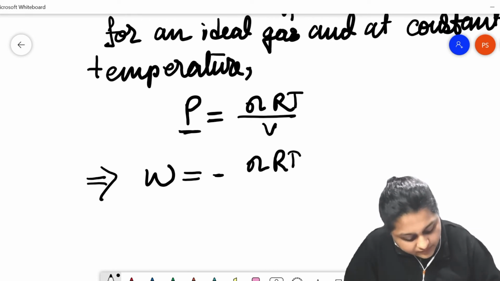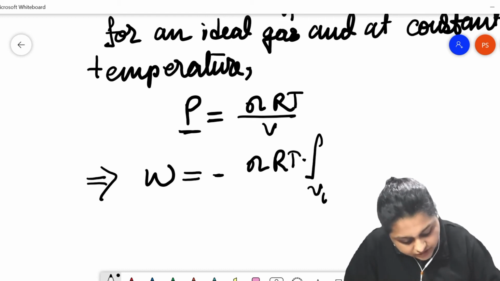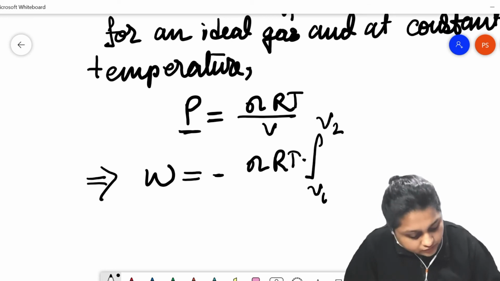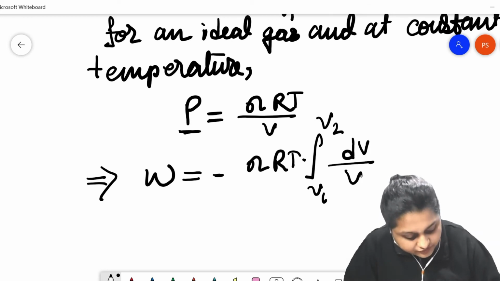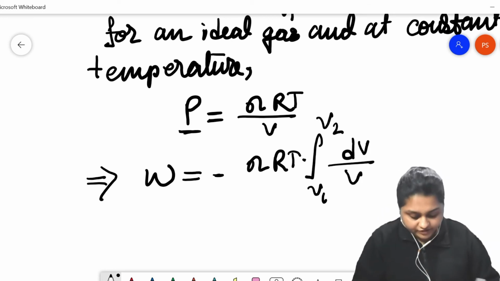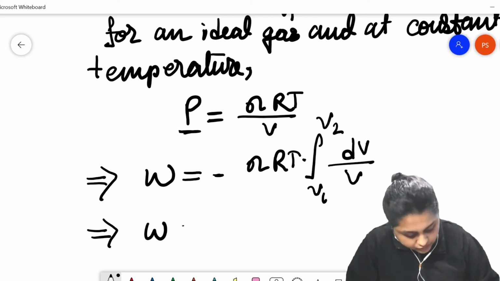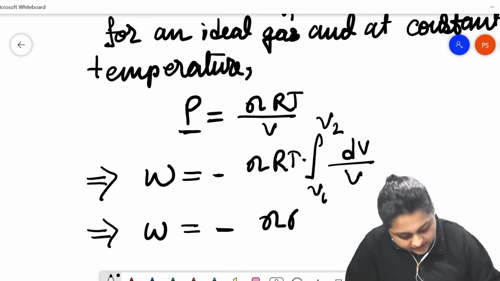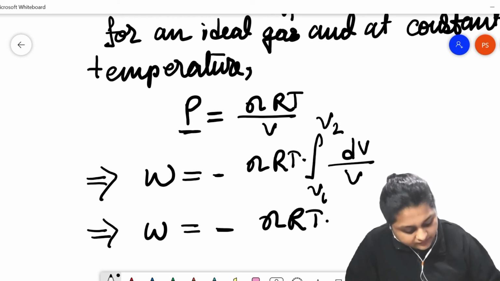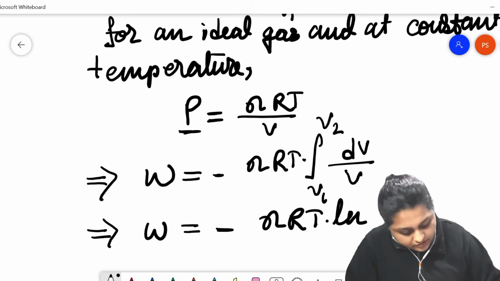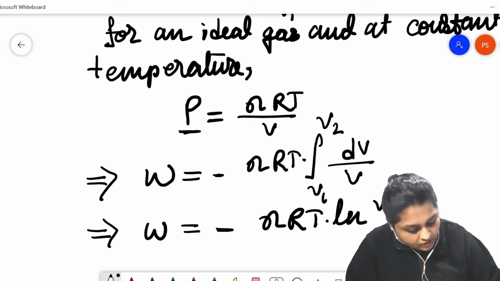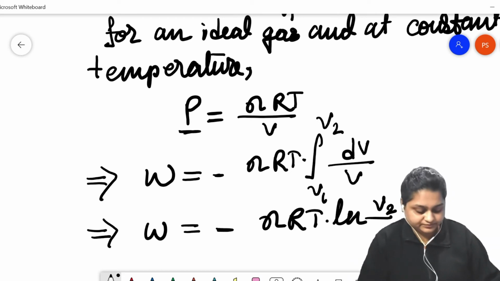nRT into the integration from V1 to V2 of dV by V. After doing the integration, we will get W, total work, equals minus nRT ln of V2 by V1.